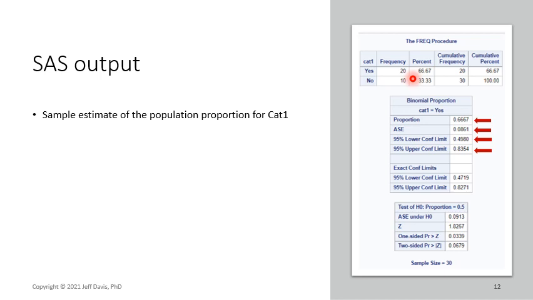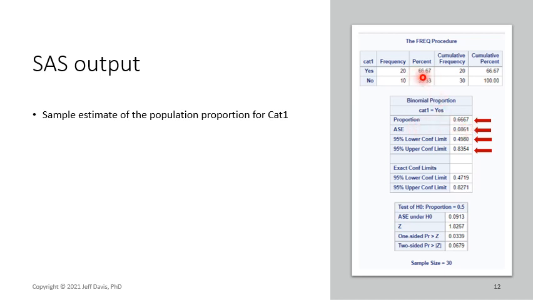Here, yes corresponds to a numeric value of 1, and no corresponds to a numeric value of 2. So automatically it's going to take yes, because that corresponds to the lowest numeric value. Then it reports the proportion, 0.66.